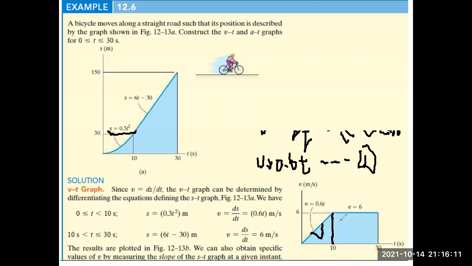You get the value, which is 6 over 10. So 6 over 10 is the slope, or 2 over 5. 6 over 10 is equal to 2 over 5. So 2 over 5 is the slope of this graph.